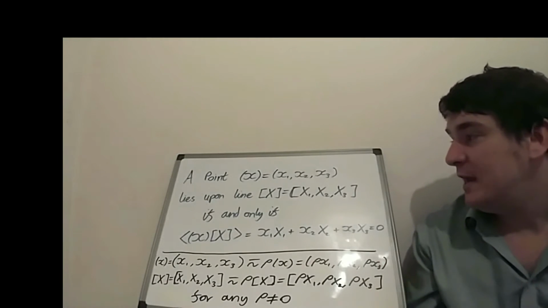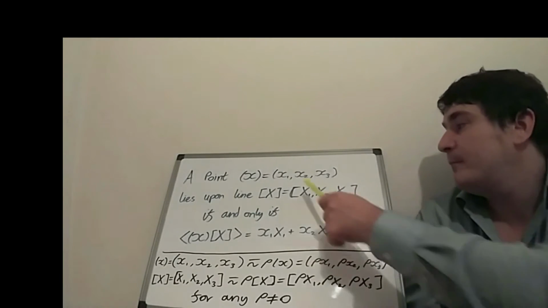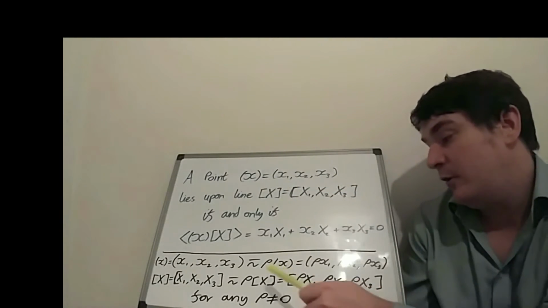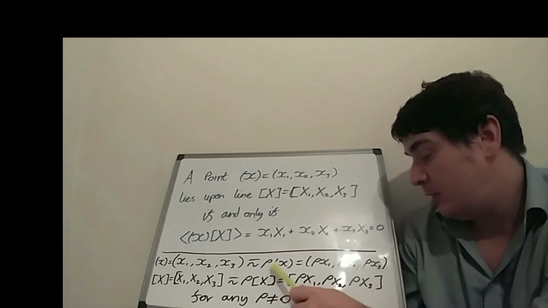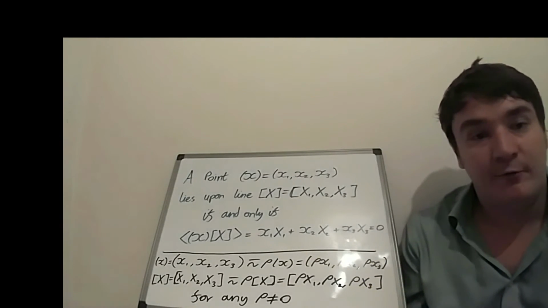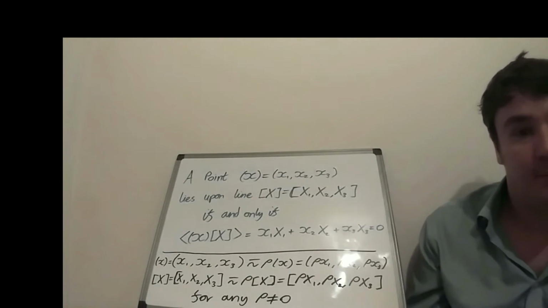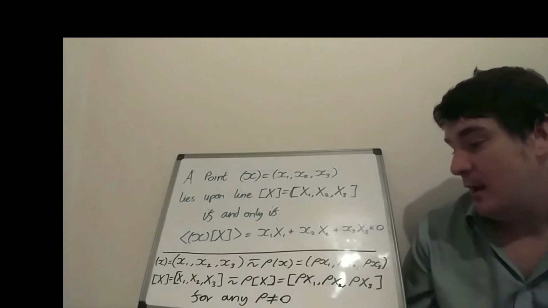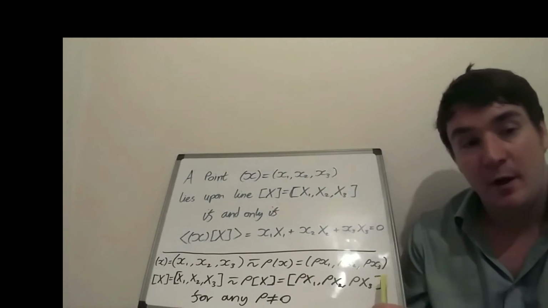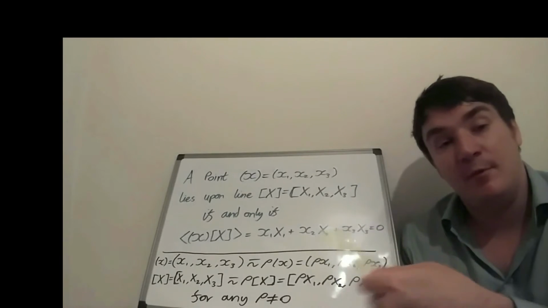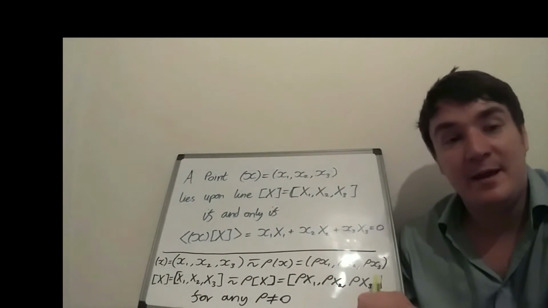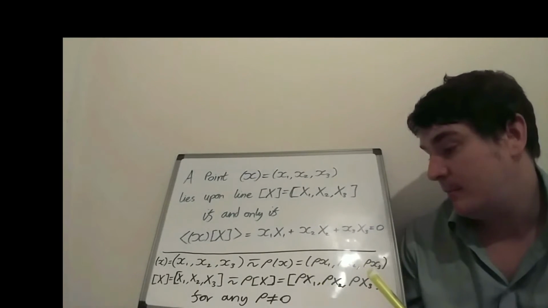And if we multiply all these 3 numbers of a point by any non-zero constant, such as rho, we get a new expression, but we think of it as referring to the same point again. Similarly, we can multiply all of these capital X entries by the same non-zero constant, and we get a new expression, but we take it as referring to the same old line.